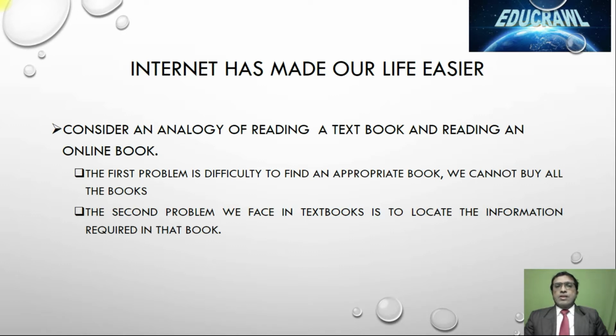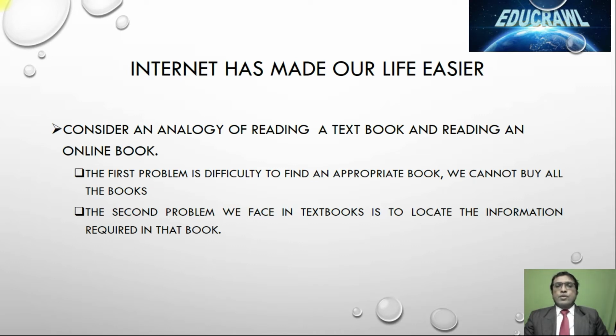Consider an analogy of reading a textbook and reading an online book. If you go to a library, the first problem is the difficulty in finding the appropriate book. One thing, we cannot buy all the books. Even if you go to a library, it is very difficult to find a particular book.